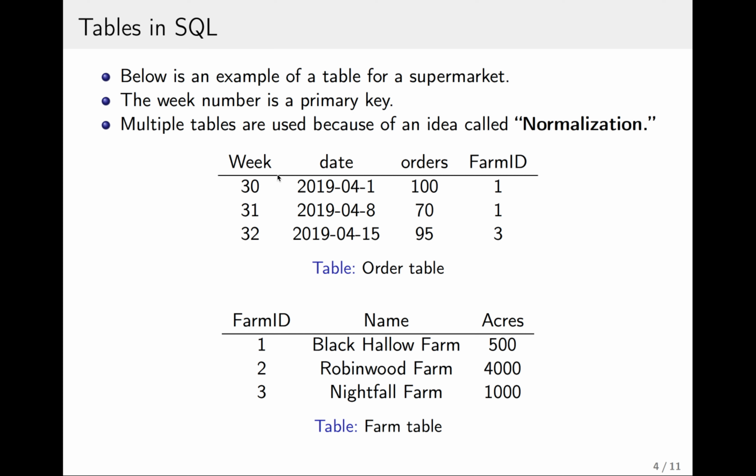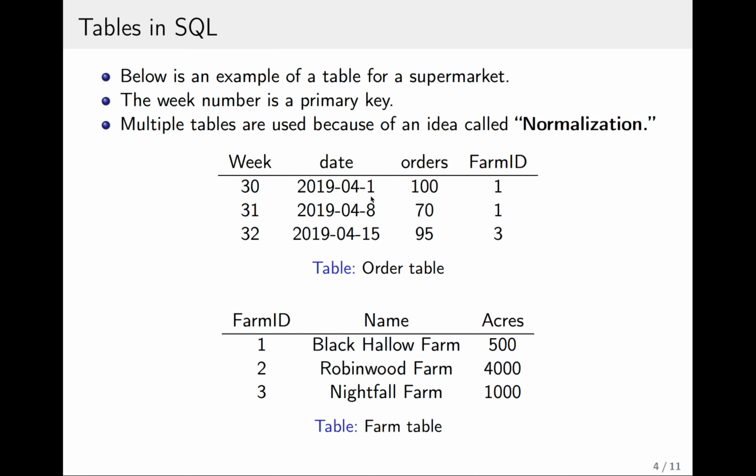So you have a list of the orders, and then instead of copying out everywhere the name of the farm, you have a little farm ID, and you have some information about the farm, and you separate that into a separate table. The theory behind that is called normalization. Essentially the idea is to have the information just in one place.